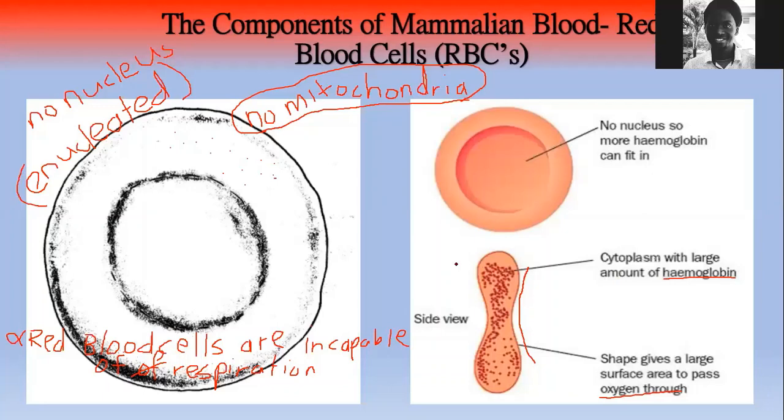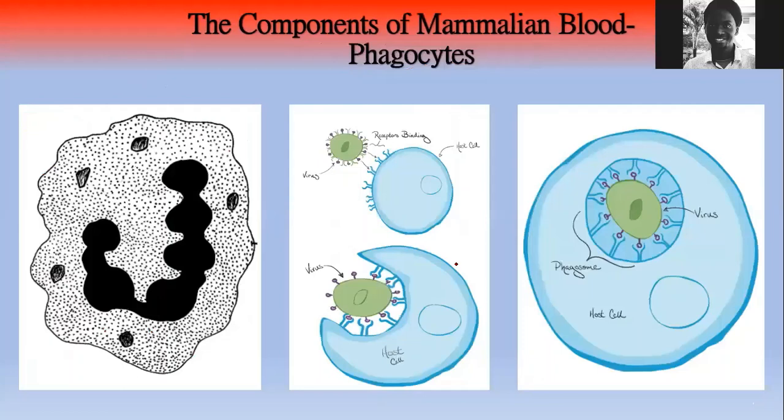Okay, good. So the next component of blood is actually a white blood cell. It's phagocytes. Phago means to eat. So they fight infections by engulfing and digesting those foreign elements.